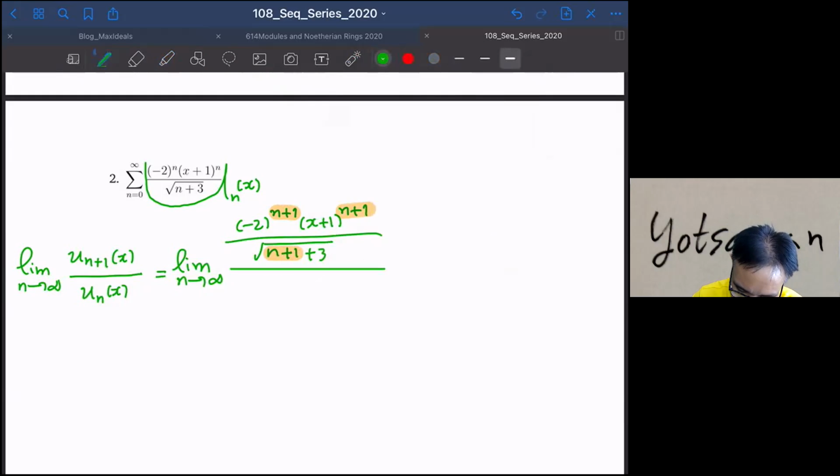And this is divided by (-2)^n (x+1)^n over square root of n plus 3. It's going to be like this, and you put absolute value.